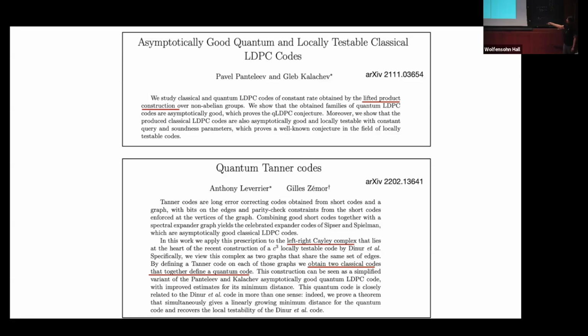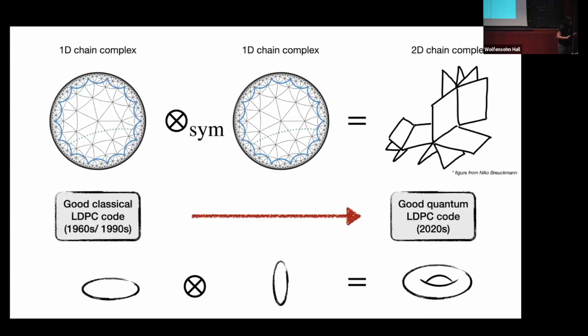So this is what we went through right now. And now, basically, they want to construct a different kind of graph, which is going to come from some product of graphs, and then use those to obtain these 2 classical codes that will together define a quantum code. Because we want to unpack some of these product constructions now.